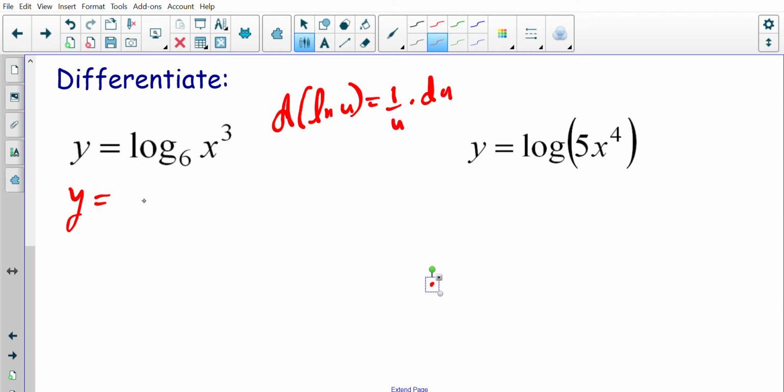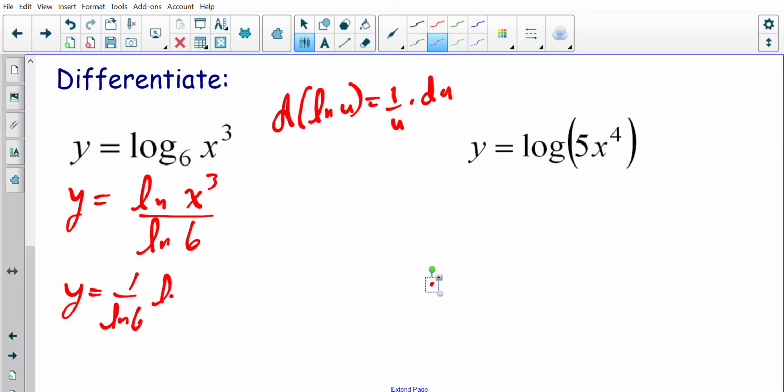Using the change of base formula, I could change this expression into the natural log of x cubed, so I'm changing to base e, natural log, divided by the natural log of 6. Well, natural log of 6 is just a number, that's a constant, so I'm going to rewrite this as 1 over natural log of 6, that's a number, multiplied by the natural log of x cubed.